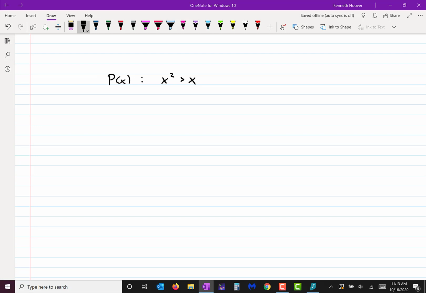For instance, P of 2 is true. 2 squared is greater than 2. P of negative 1/2 is true.